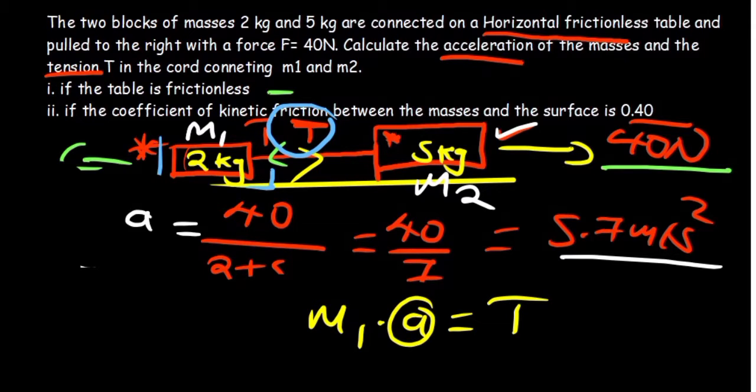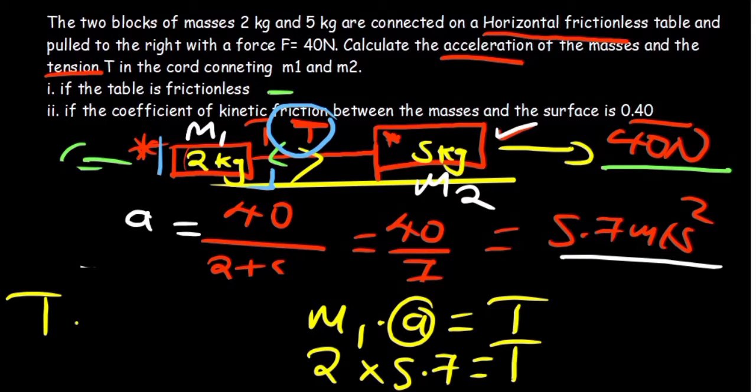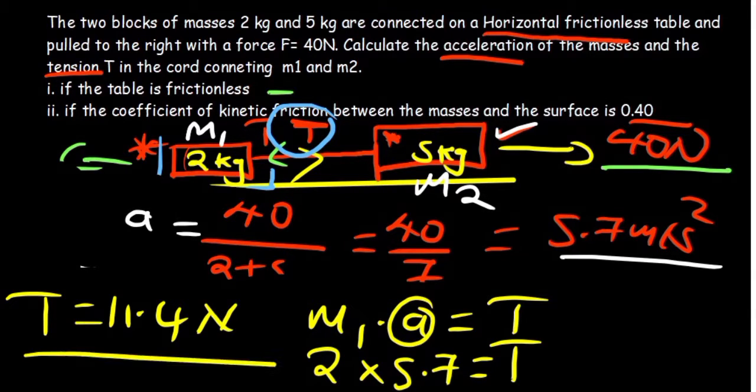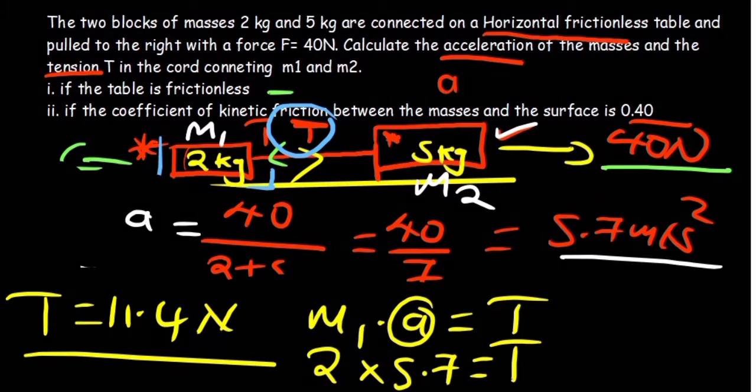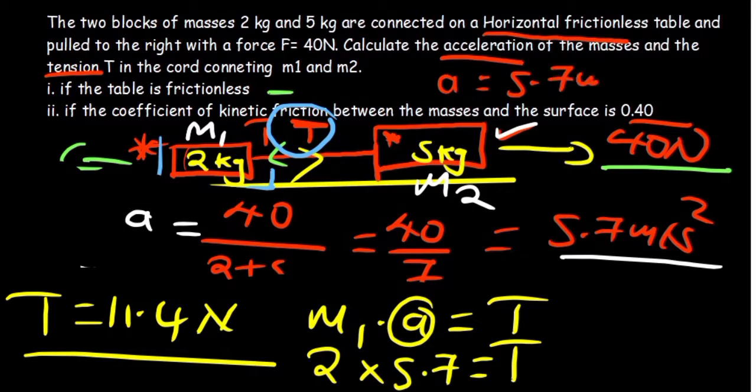We know the mass M1 is 2, multiplied by 5.7. So our tension is basically 11.4. Tension is a force, so we use newtons. Take note of the acceleration that we found: it's 5.7 meters per second squared in the first case.